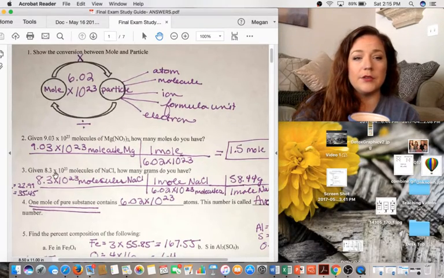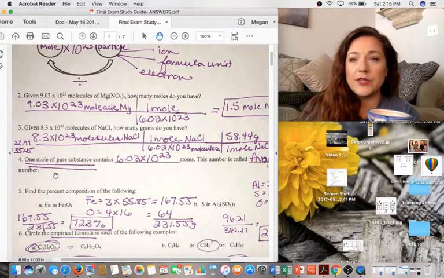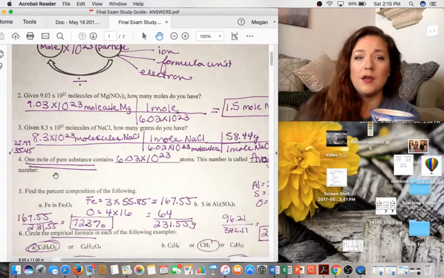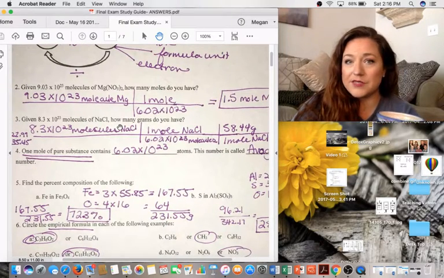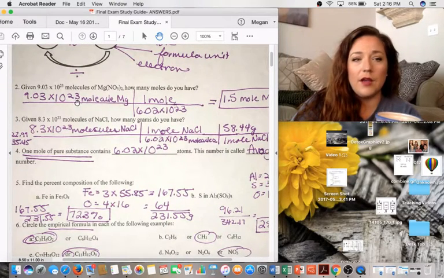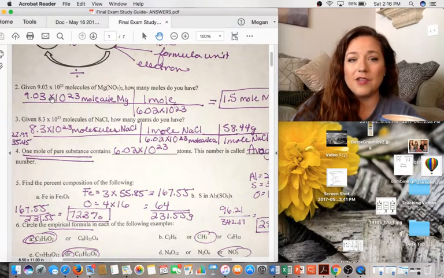So in number 2 here, it gives you 9.03 times 10 to the 23rd power of molecules of Mg(NO3)2. So what we do is set up a T-chart. We are able to put our given always, always, always in the left top box. You always start with what they give you.